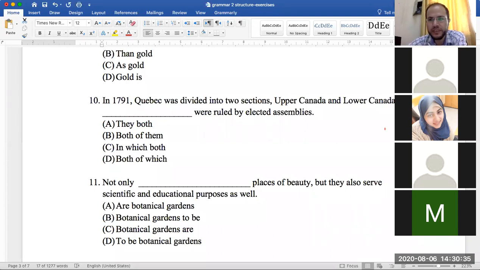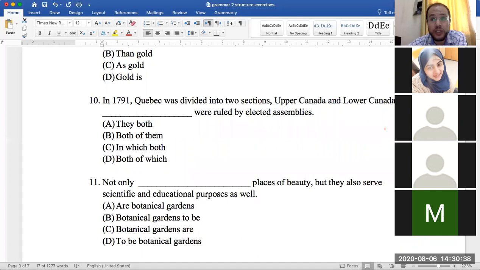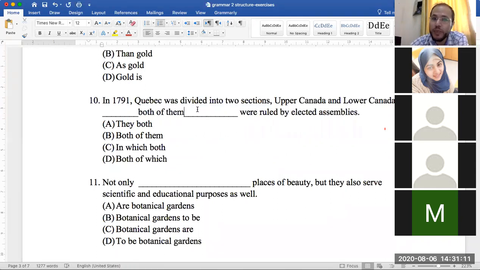Afnan, focus so you understand our work. Definitely B is wrong. Please, focus so we understand all our work, the whole summary of the course, in this question. Quebec was divided into two sections. This sentence we call a simple sentence, right? Subject, verb. Then if Afnan said both of them were ruled, that's also a simple sentence.